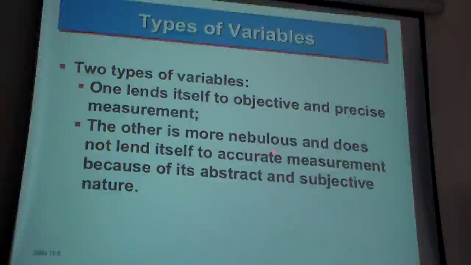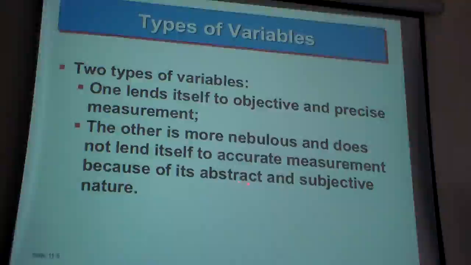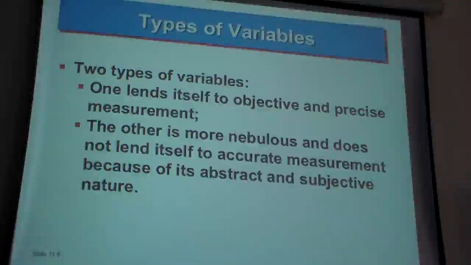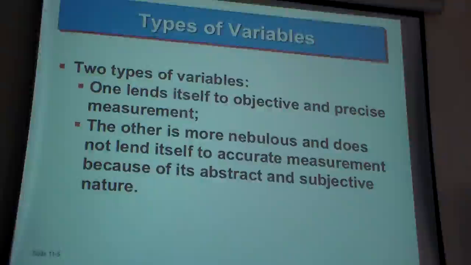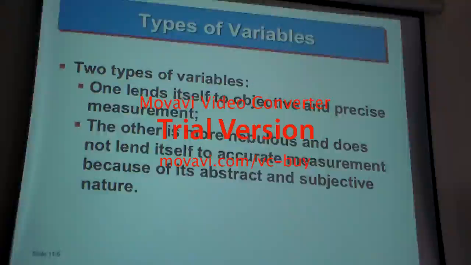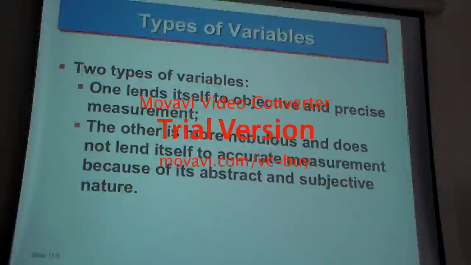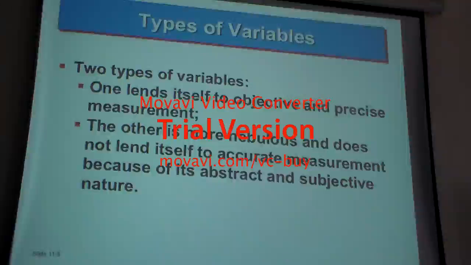The other is more nebulous and does not link itself to accurate measurement because of its abstract and subjective nature. Subjective means you cannot say exactly what it is, or cannot describe it exactly. You can say it is more than or less than. For example, the weather, the temperature. You cannot say exactly it is, for example, 32.